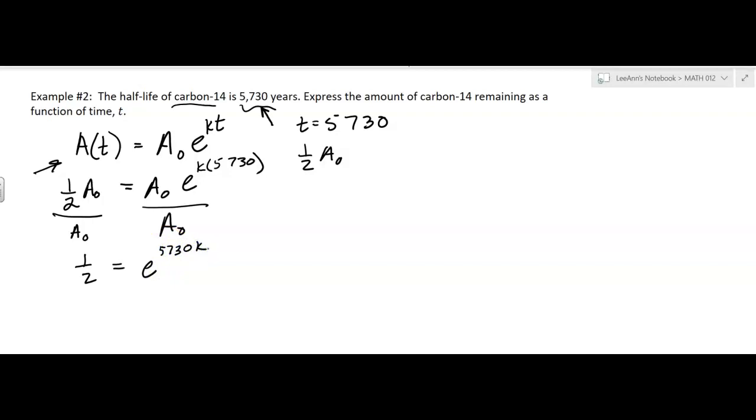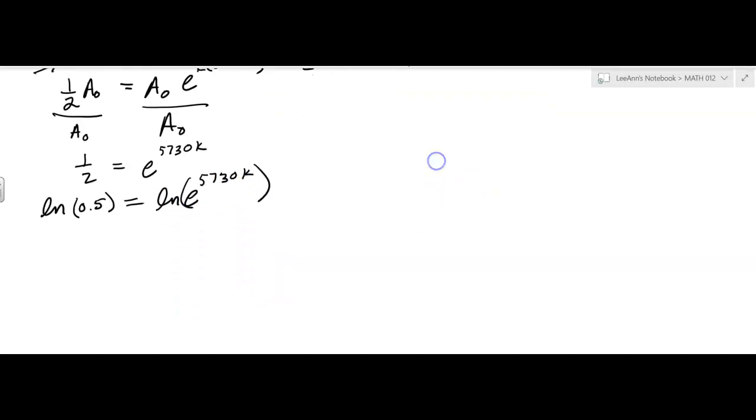Take the natural log of both sides. So the natural log, I'm going to make my 1/2 a decimal. It's just easier to write that way. And then I have the natural log of e to the 5,730k. But remember, the purpose of taking the natural log is so that the right-hand side is just going to be 5,730k.